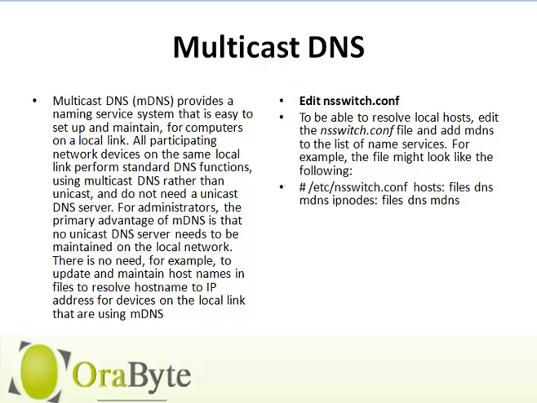For admins, the primary advantage of MDNS is that no unicast DNS server needs to be maintained on the local network. There is no need, for example, to update and maintain host names in files to resolve host names to IP addresses for devices on the local link that are using MDNS.